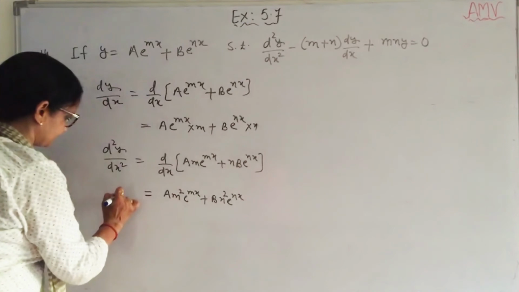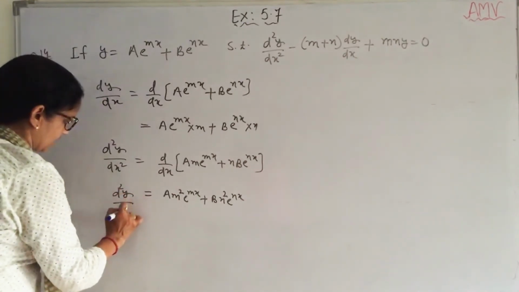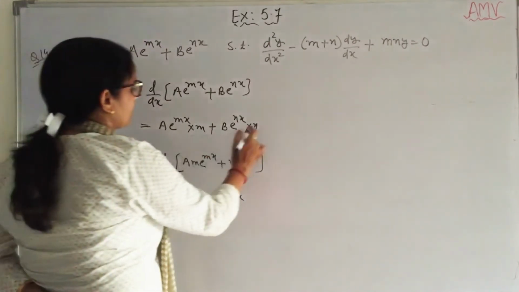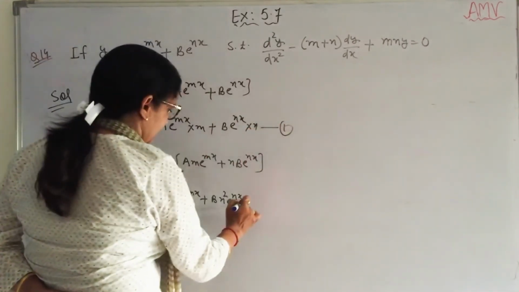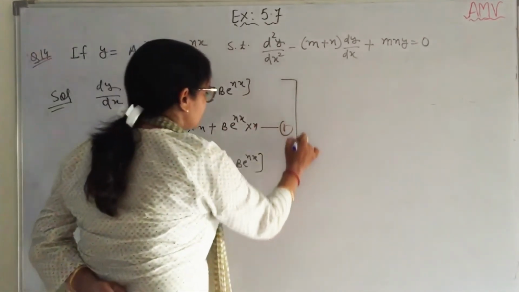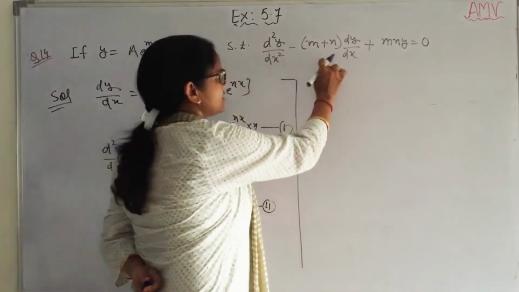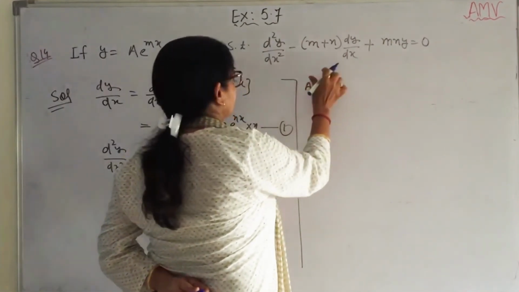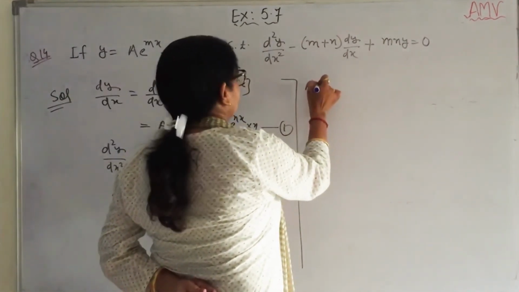Okay. Now we have the values of dy upon dx and d square y by dx square. So substitute the values in this equation. Okay. It is a m square e raise mx plus b n square e raise nx.